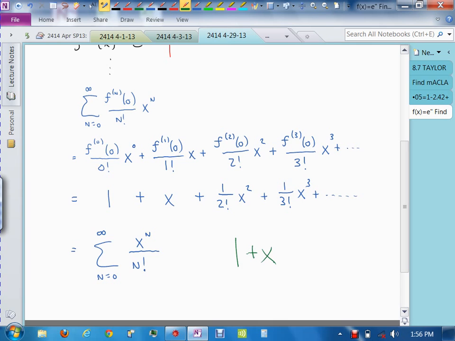This one right here, the 3 comes out, cancels with the 3. You get 1 over 2 factorial x squared. And then the next one would be 1 over 3 factorial x to the third. And guess what? That is itself. So e to the x is its own derivative, right? There's only one other function that's like that, and it's the constant 0 function.